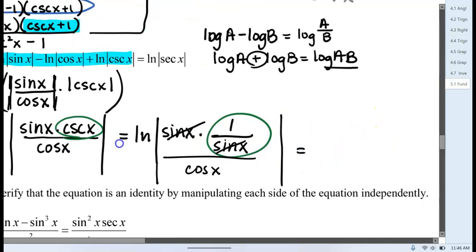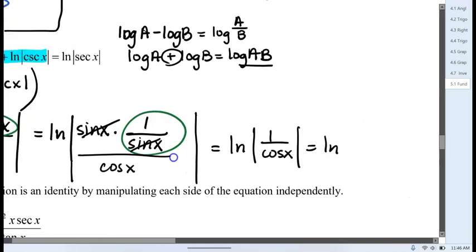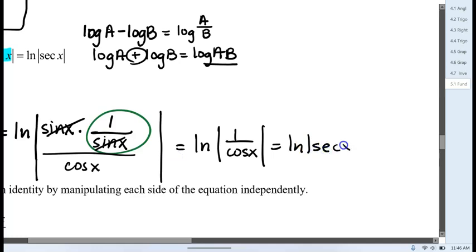So I cancel that sine out and I'm left with natural log of the absolute value of 1 over cosine, and 1 over cosine is secant. So we have established this identity because we did get natural log absolute value of secant x.